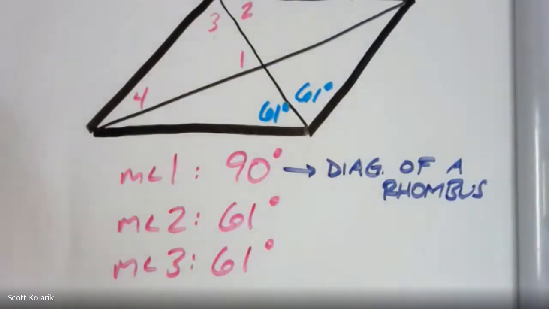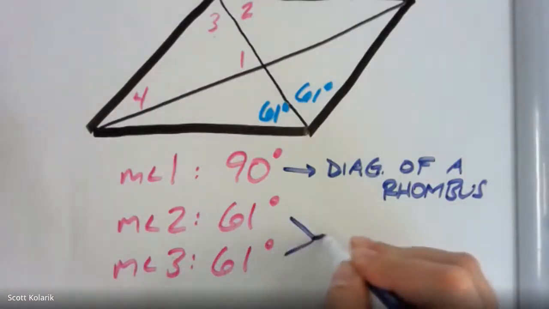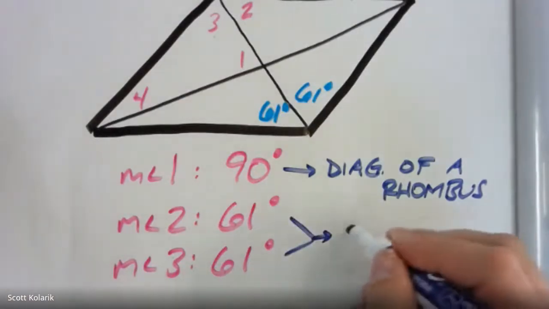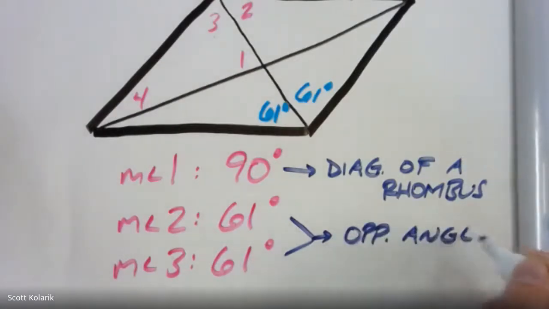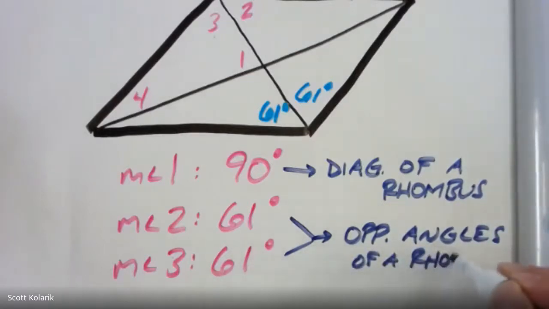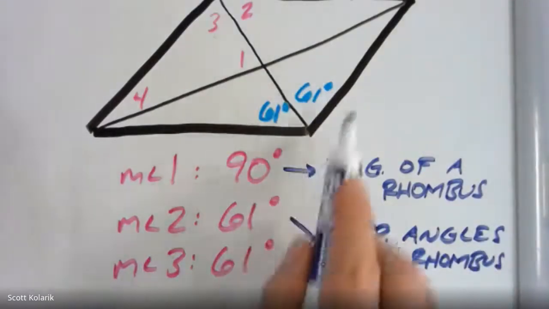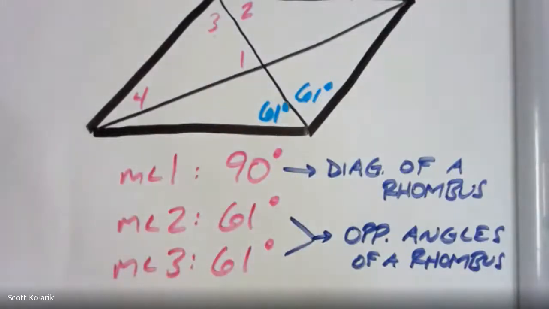Why? Why do they both have to be 61 degrees? This goes to the opposite angles of a rhombus. What does the opposite angles of a rhombus say? That opposite angles in a rhombus have to be congruent to each other. That's actually true. This entire corner has to be congruent to this entire corner because of opposite angles of a parallelogram.